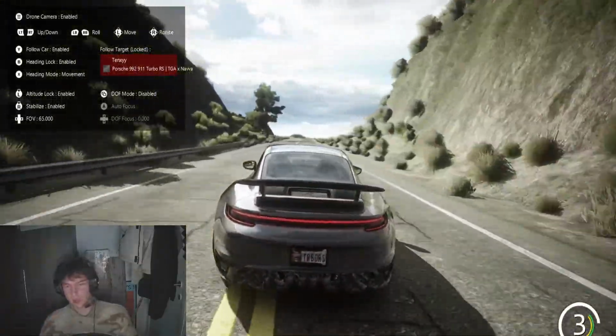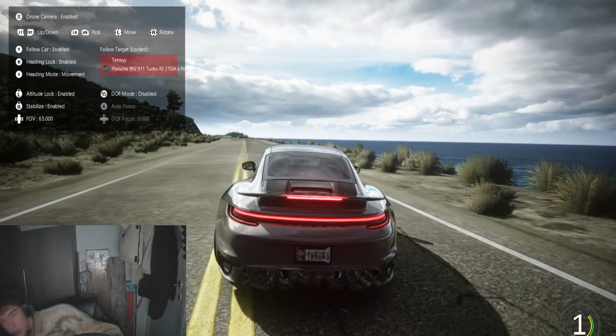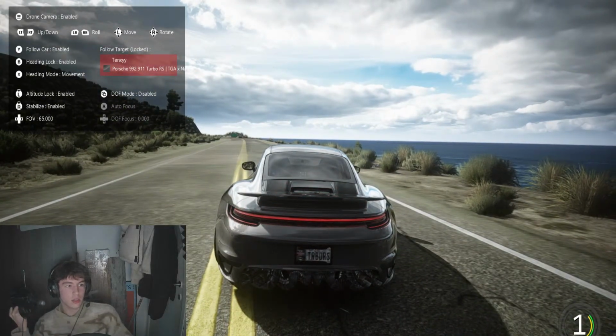I can get one. Yes. Where's it? Here it is. My shifter.